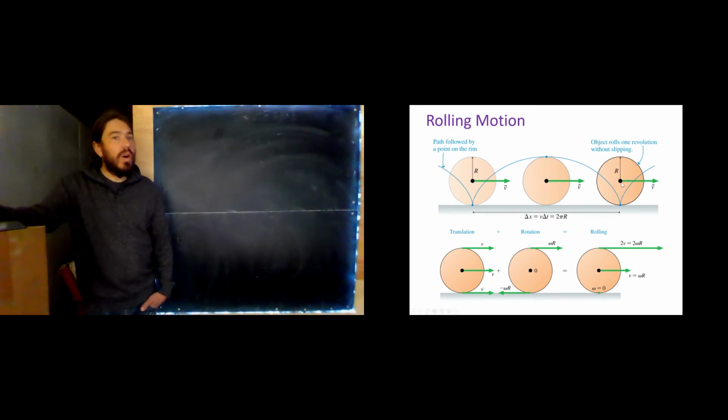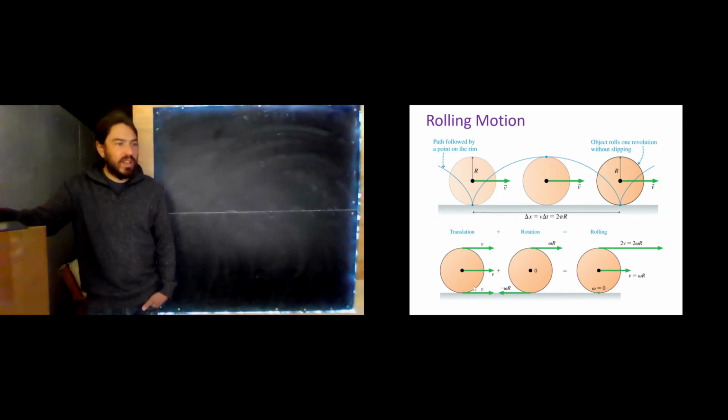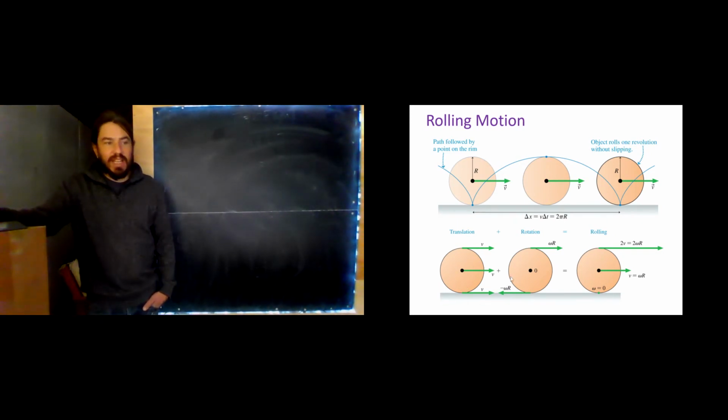Now, if I wanted to know the speed at some point on the edge of the wheel, that would be a combination of the rotational motion and the translational motion. Every point on this wheel is headed to the right at speed v. In addition, it is rotating.